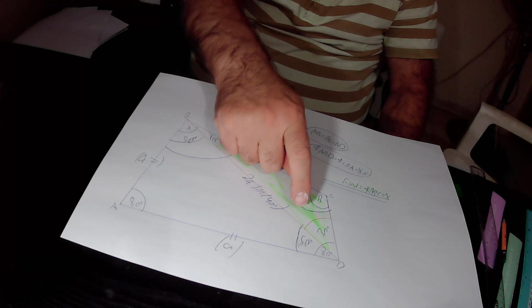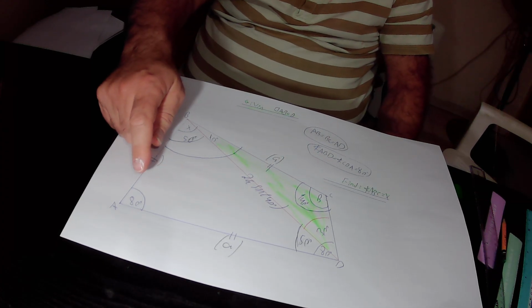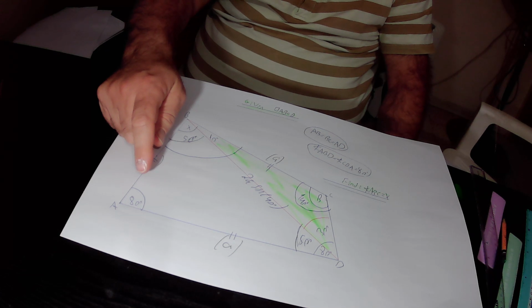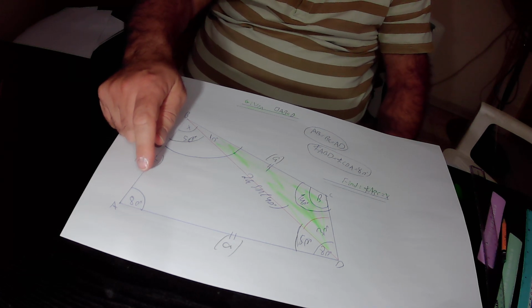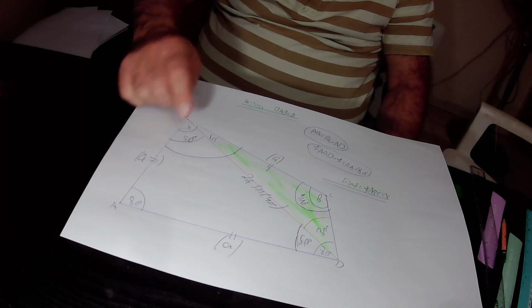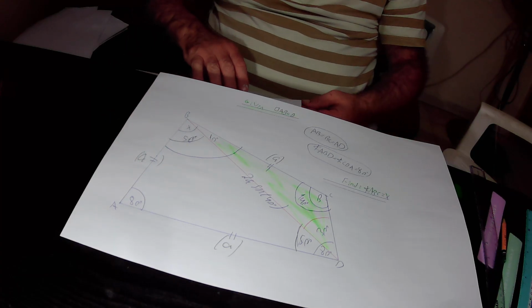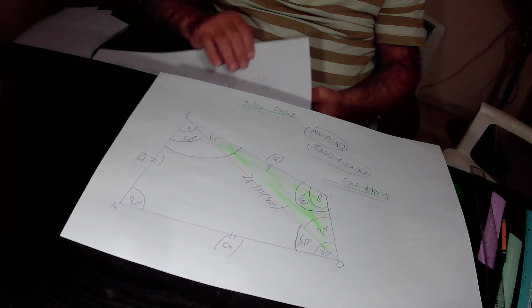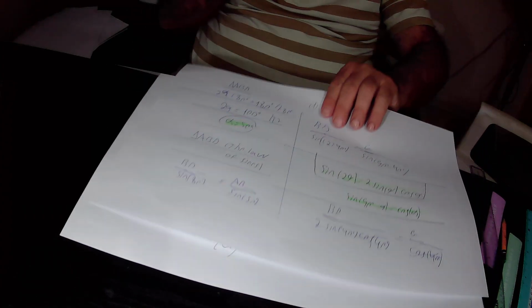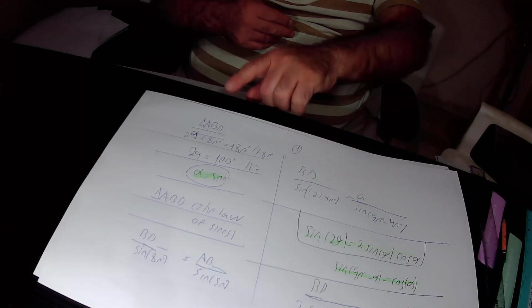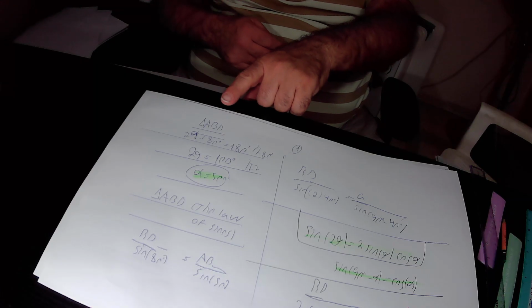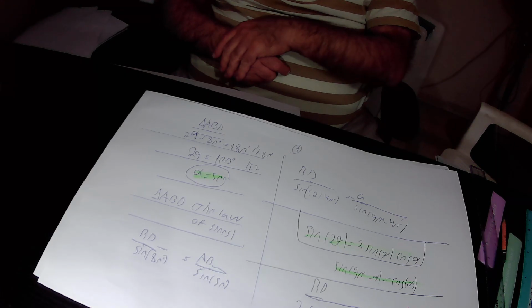Alpha plus alpha, this is 2 alpha, plus 80 degrees, must be equal to 180 degrees, according to the rule that says that the sum of the angles in any triangle is equal to 180 degrees. So in triangle ABD, 2 alpha plus 80 degrees equals 180 degrees.